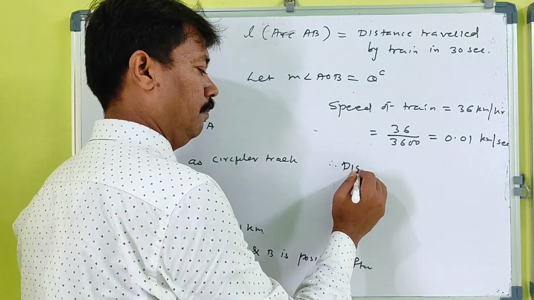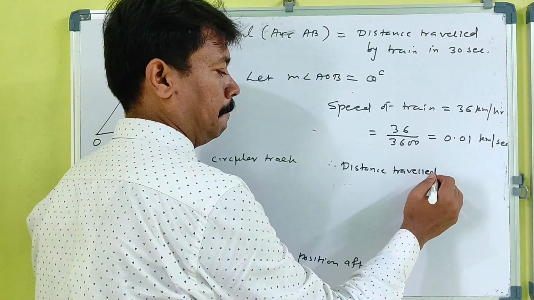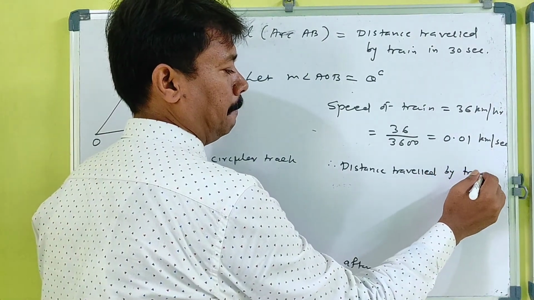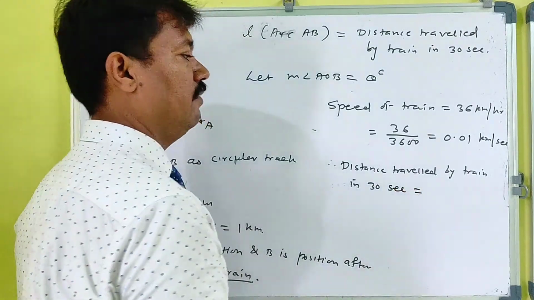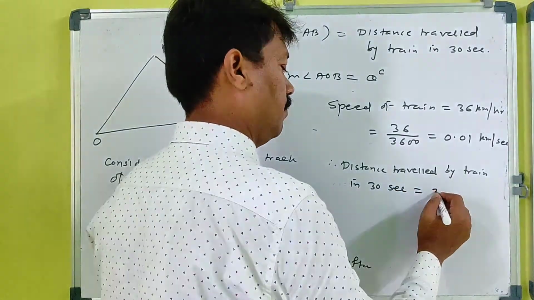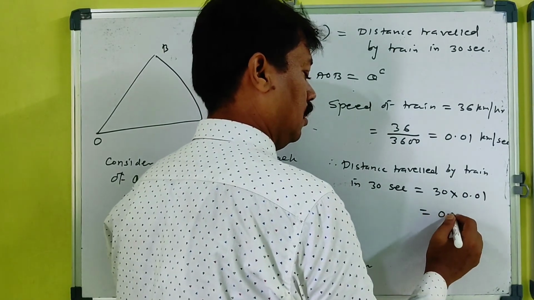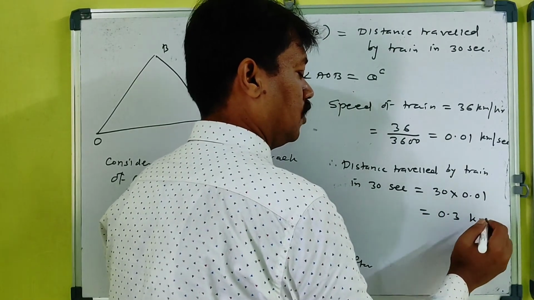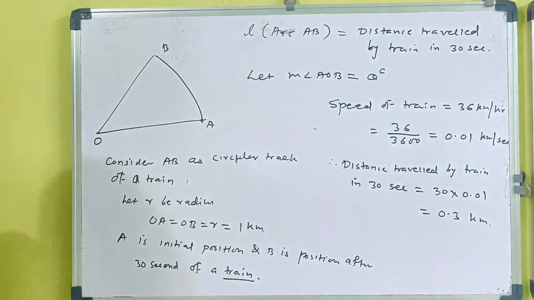Therefore the distance traveled by the train in 30 seconds is 30 into 0.01, that is 0.3 kilometer. So that is the length of arc AB.